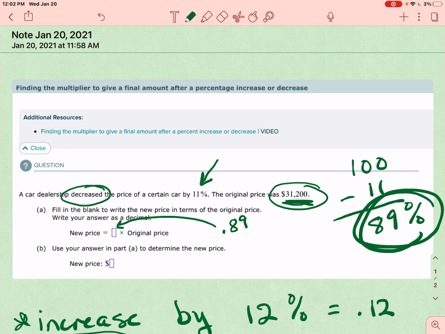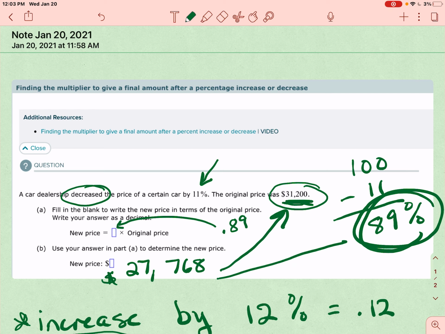We know that the amount needs to be less than 31,200. I get 27,768. And notice that that is less than the 31,200 because it is 89% of it. We went down by 11%.